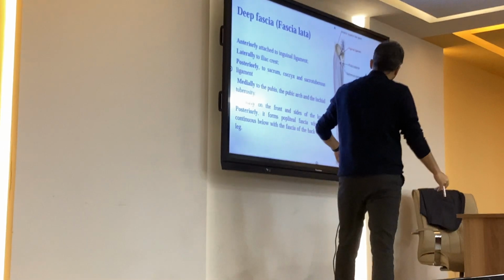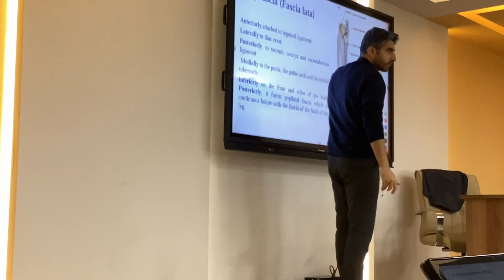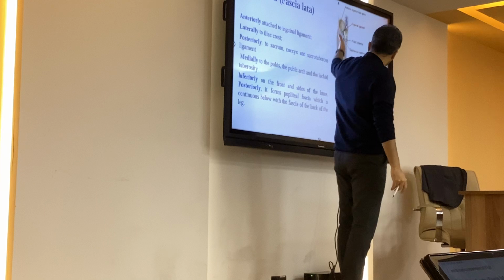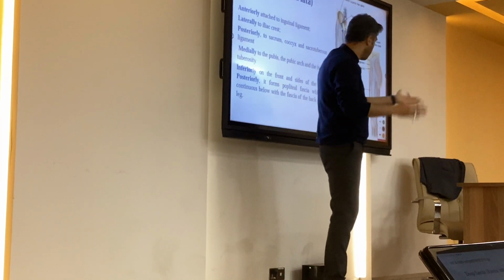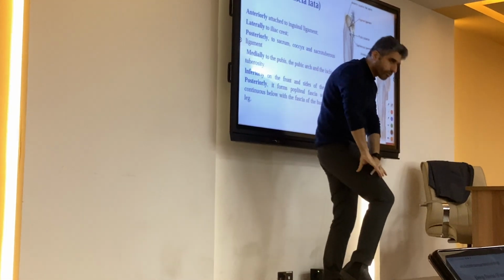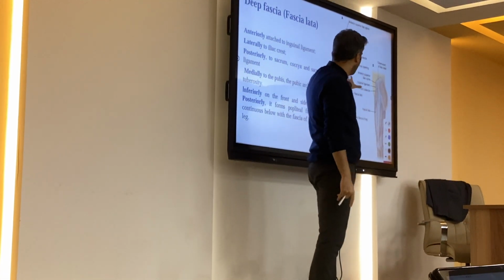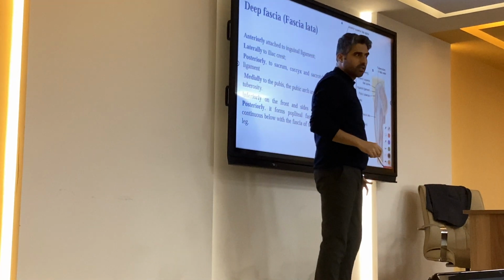Fascia lata. Look at this picture. It looks like a sock, yes? This is deep fascia around the muscle, one layer around all of the muscle. But in the thigh, we say fascia lata.